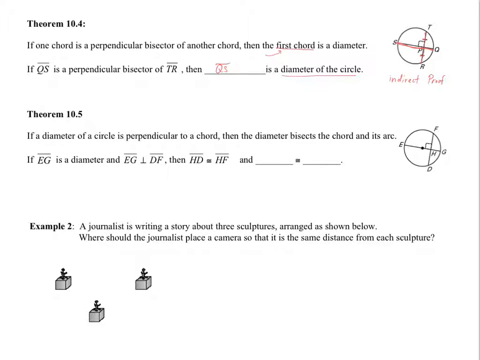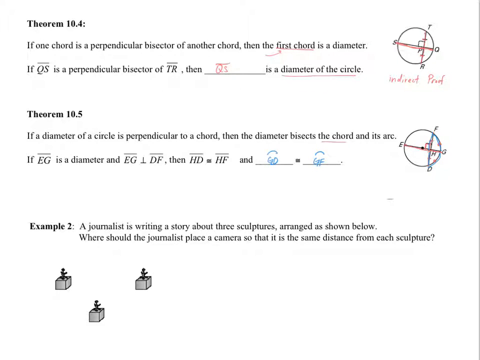And theorem 10.5 states that if a diameter of a circle is perpendicular to a chord, then the diameter bisects the chord and its arc. So if EG is a diameter and EG is perpendicular to DF, then HD is congruent to HF, and arc GD is also congruent to arc GF.